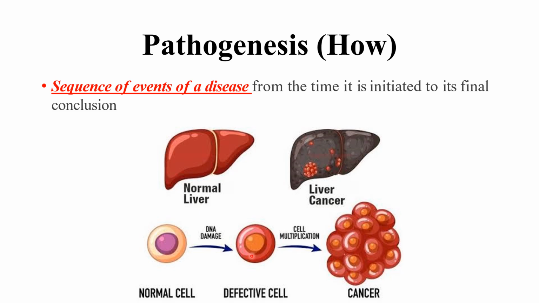Now this damaged cell, if it proliferates or multiplies, will result in cancer. So this was a normal cell, then it became defective, then at last it multiplied and became a cancer. This is the sequence of events of a disease from the time it initiated or started to its final stage. That is meant by pathogenesis.